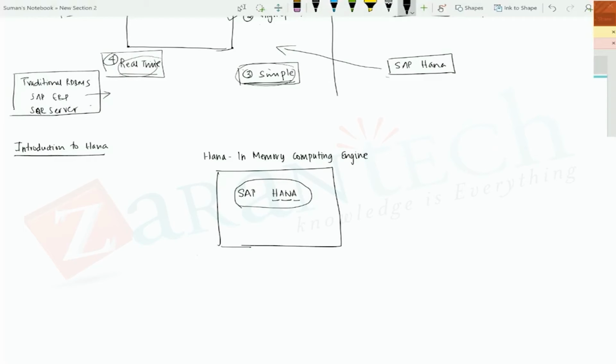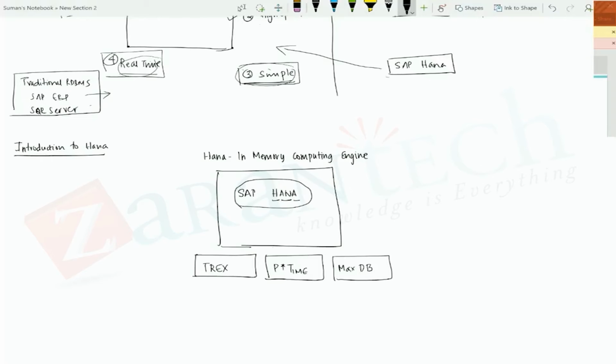If I want to broadly classify the main underlying things that make SAP HANA a product, there are 3 different products that are combined together. The first product is called TREX. The second product is called P*Time. And the third product is called MaxDB.